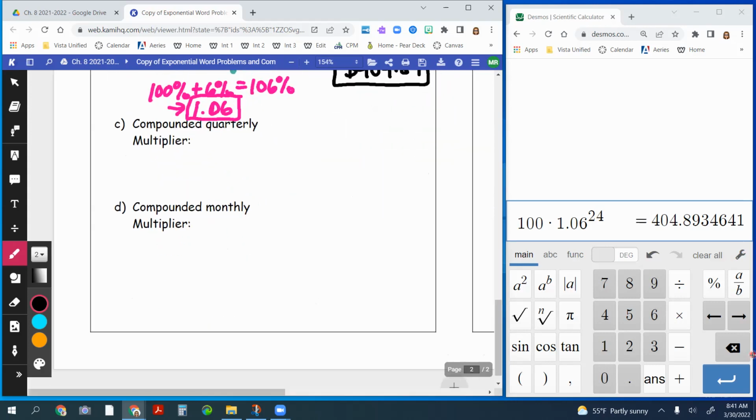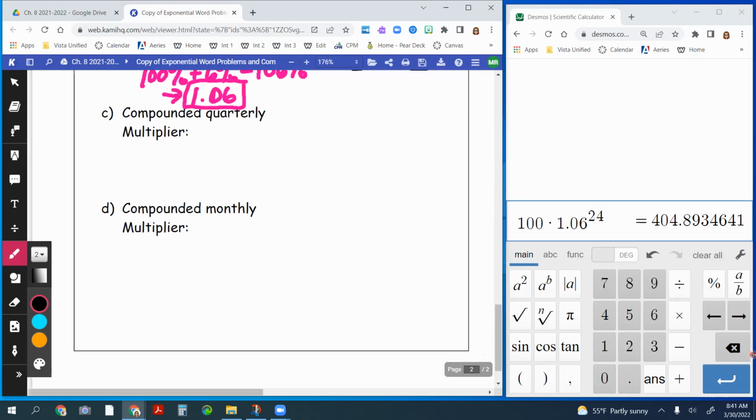Okay, so in the next one, it is going to be quarterly. Okay, each of these is still the $100. It's still 12% annual interest, but this time it is quarterly, which means 4 times a year. So we're going to take the 12%. We're going to divide it by 4 and get 3% each quarter.